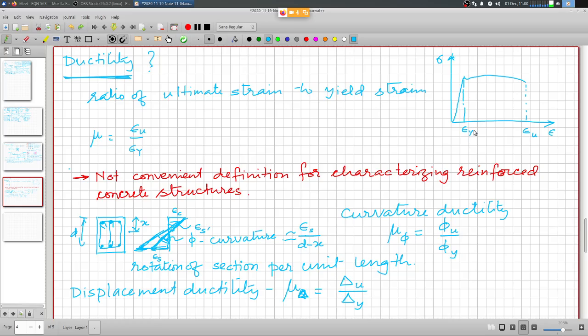But when we look at the structural level, even with such a high degree of ductility at the section level or member level, overall structural ductility is very small.